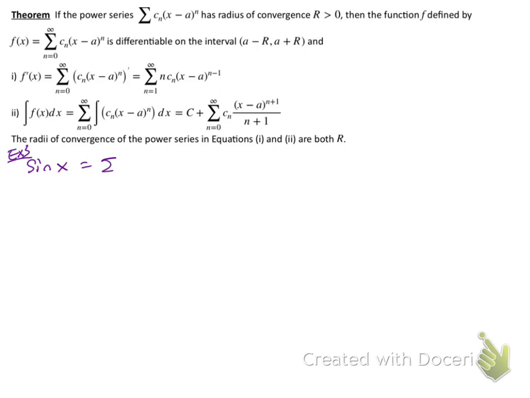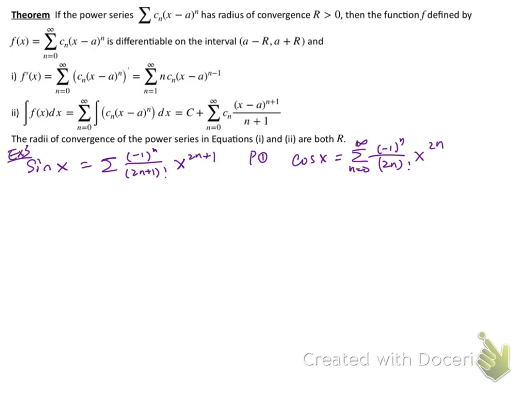Sine x is the sum of (-1)^n over (2n+1)! x^(2n+1). And when you are doing your practice number 1, you are having cosine x is the sum, n from 0 to infinity, of the same (-1)^n over (2n)! x^(2n).